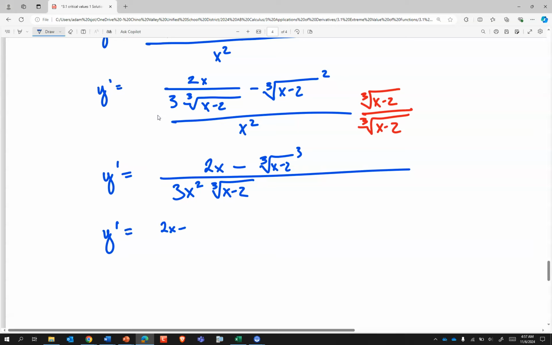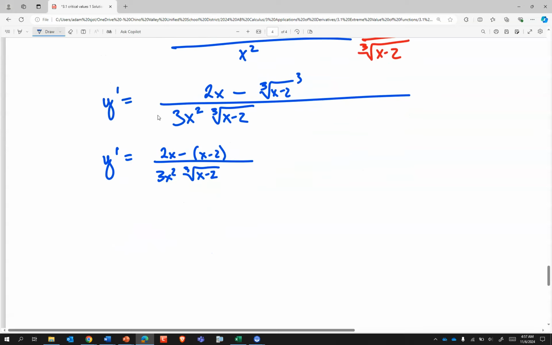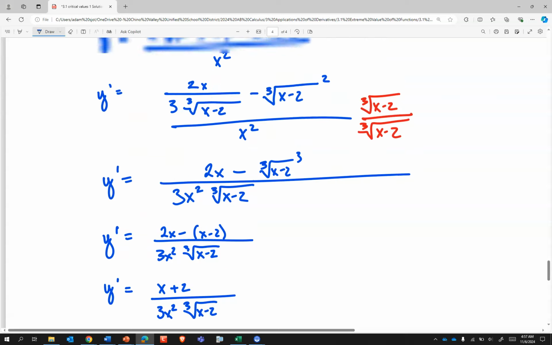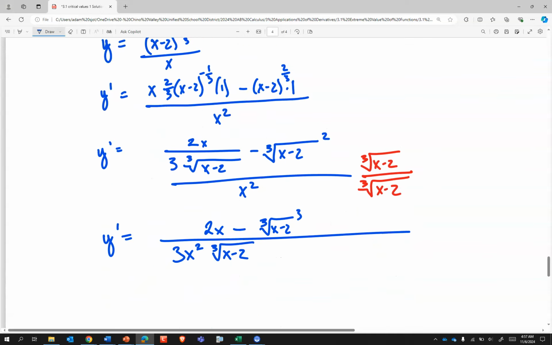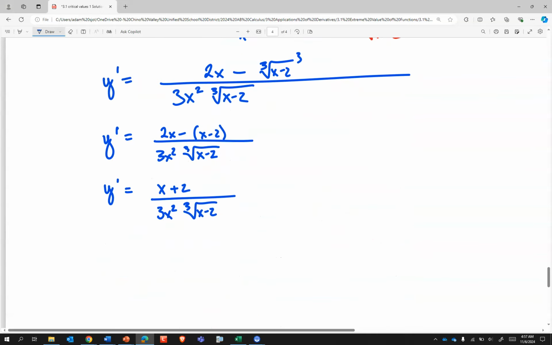So 2x minus the quantity (x minus 2) and x plus 2. Really? That's a little surprising. Let's see. From the beginning, x can't be 0. Okay, here we go. So let y prime equal 0.